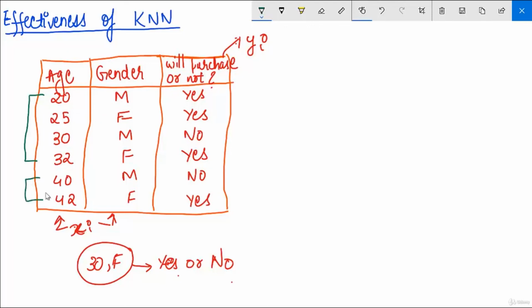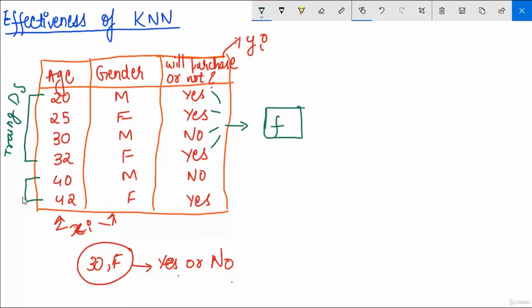Okay, so I'll train my algorithm, my model, with these 4 values only. I'm not even touching these 2 values. So I'll call this the training data set.